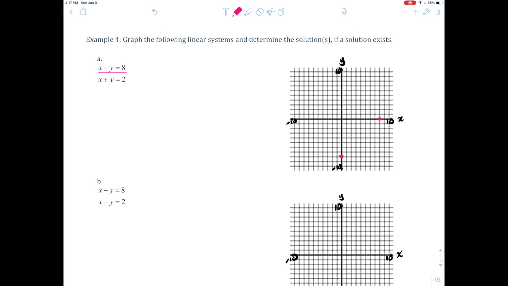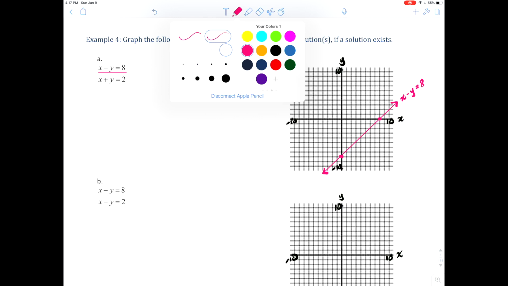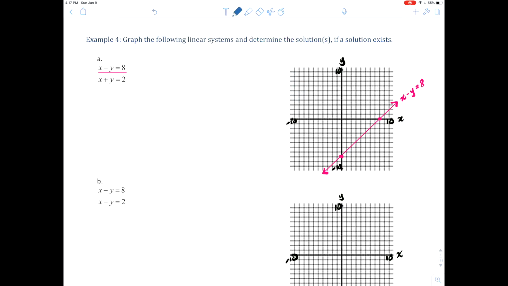And then it's just a matter of drawing your line and connecting those dots. Cool, so this one is our x minus y is equal to 8. All right, so I'll do the next equation in blue. Again, if x is 0, on the second equation, y is going to be 2. So 0, 2. And if y is 0, x will be 2.